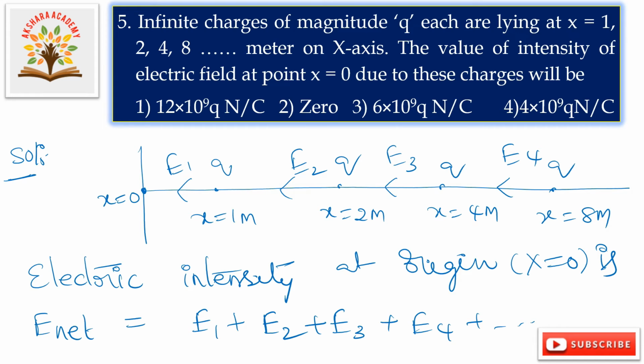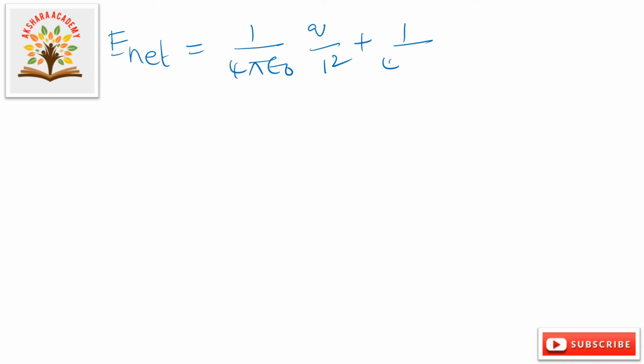Next, substituting values, E, nothing but the net electric field, is equal to 1 by 4 pi epsilon naught q by 1 square plus 1 by 4 pi epsilon naught q by 2 square plus 1 by 4 pi epsilon naught q by 4 square.